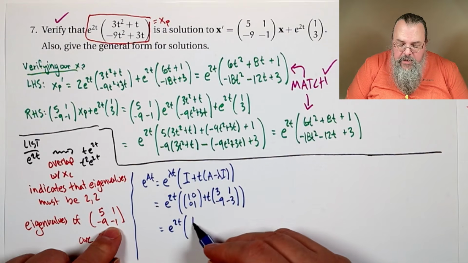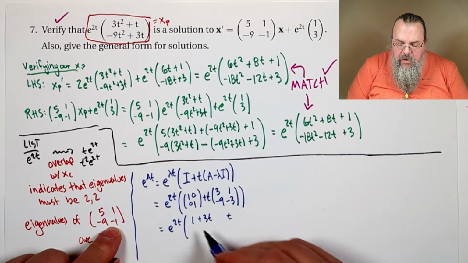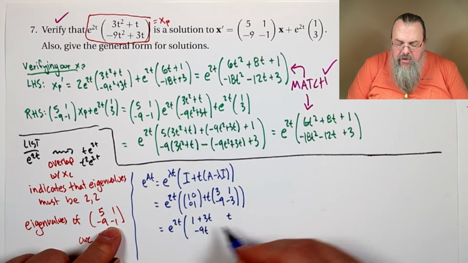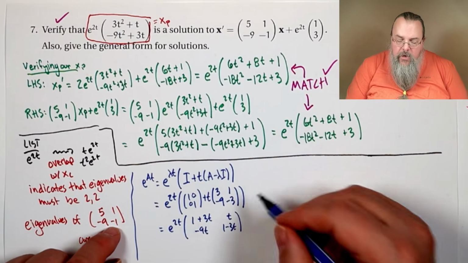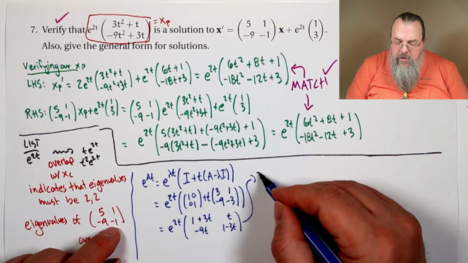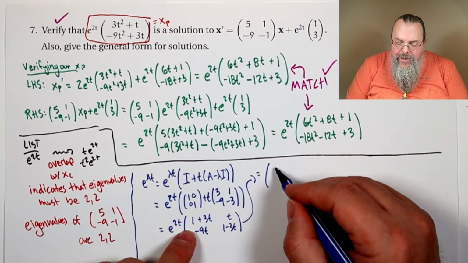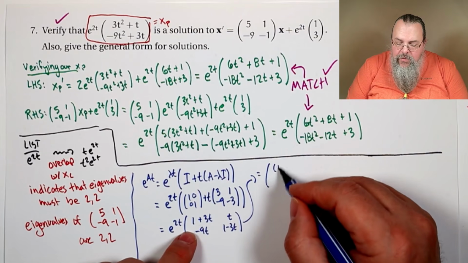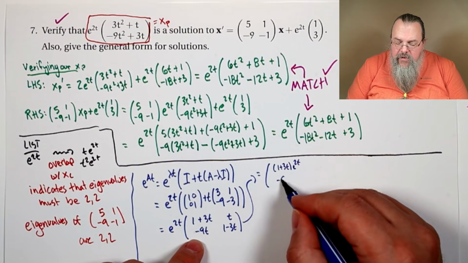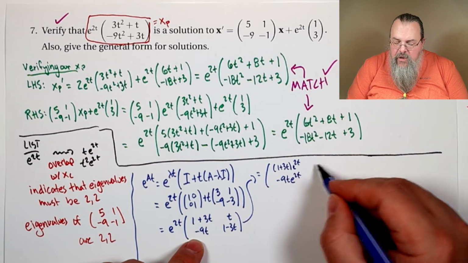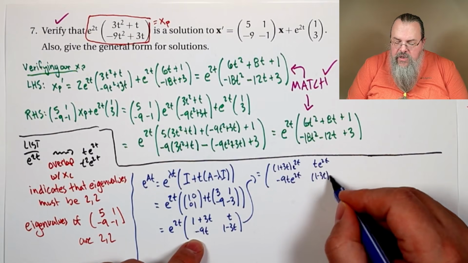We get [1 plus 3t, t; -9t, 1 minus 3t]. Or if we just multiply the e to the 2t in, we get 1 plus 3t e to the 2t, minus 9t e to the 2t, t e to the 2t, and 1 minus 3t e to the 2t.